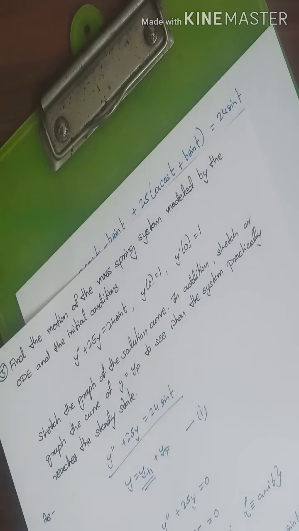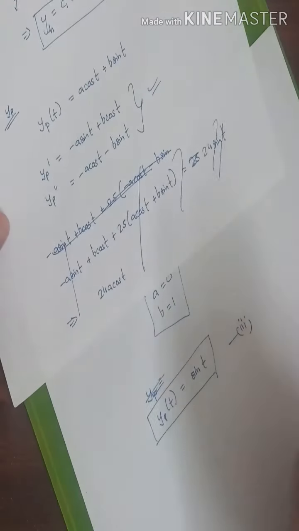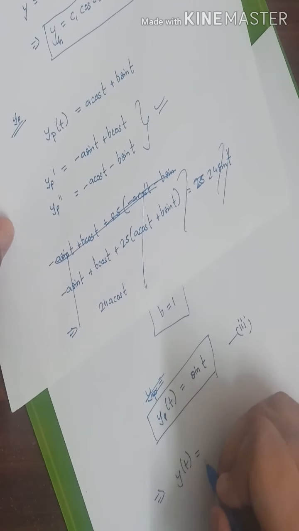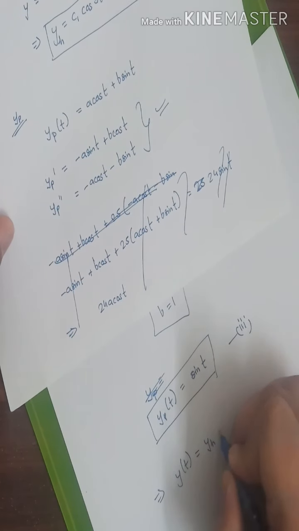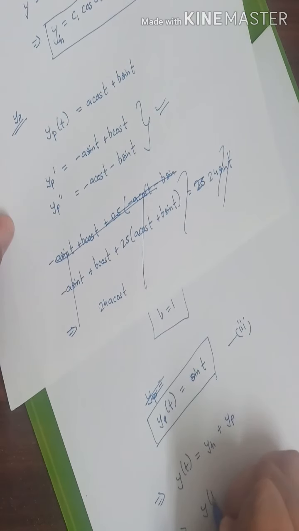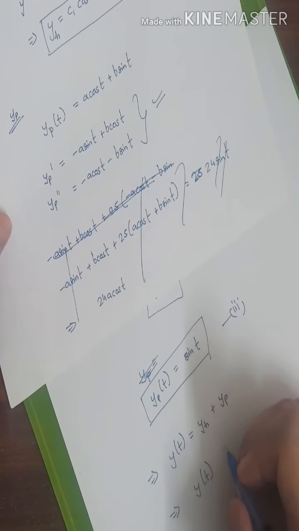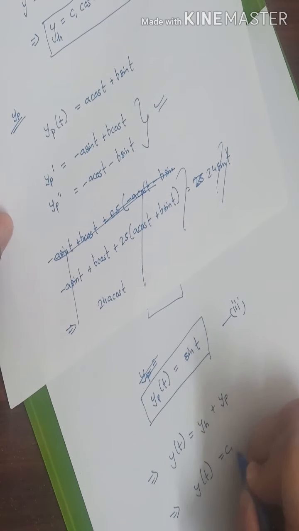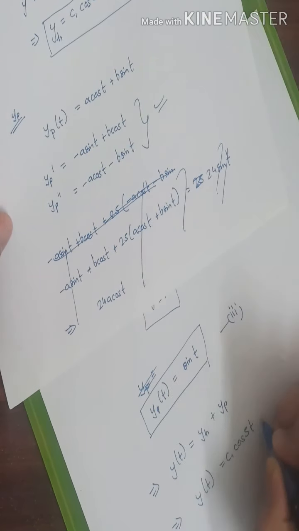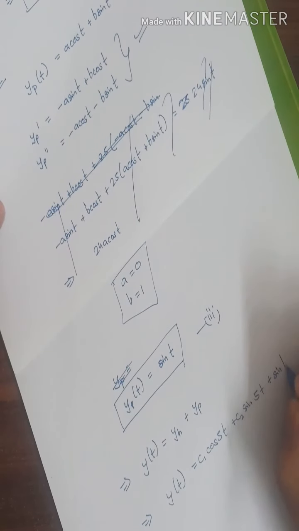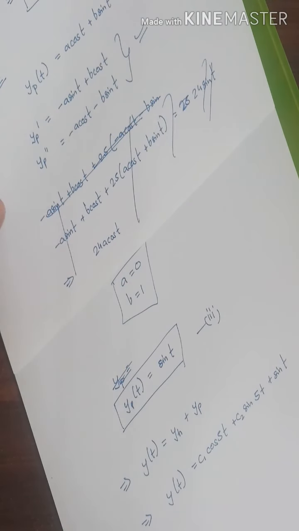So referring to 1 and putting the values obtained from 2 and 3, our solution yt here is equal to yh, that is y homogeneous, plus y particular solution, giving us yt is equal to yh, that was c1 cos 5t plus c2 sine 5t, plus y particular solution, that is sine t, and that's it.